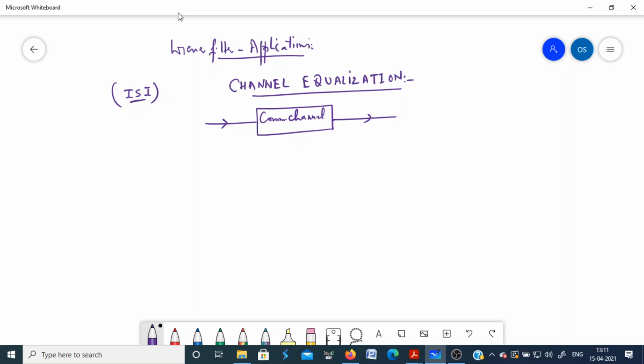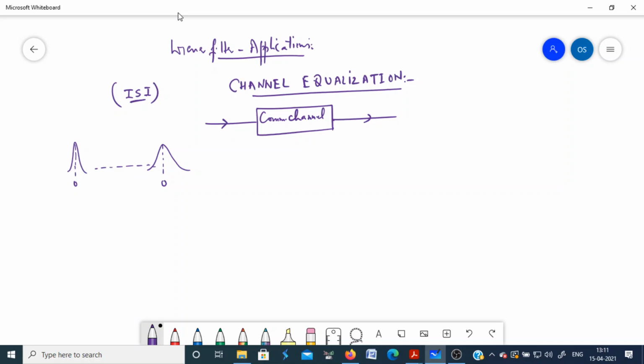As a result of this interference, the pulses that you receive at the receiver end overlap with the adjacent pulses. More specifically, suppose that from the transmitter end you have transmitted one pulse like this. Because of the dispersive nature of the channel, the pulse that you receive at the receiver is spread in time, maybe like this.